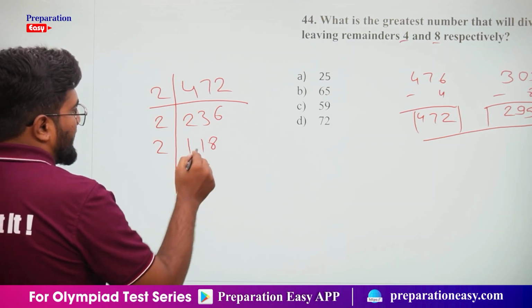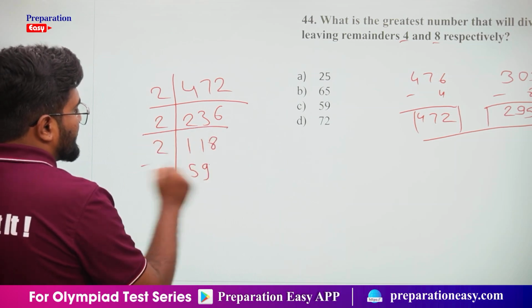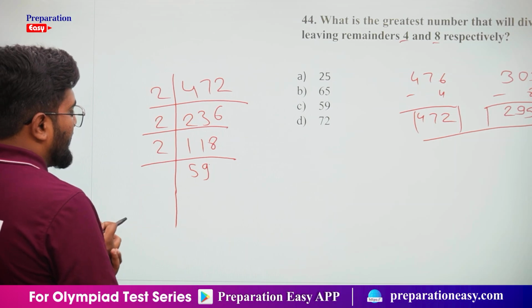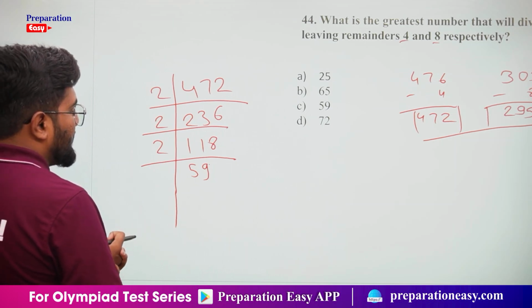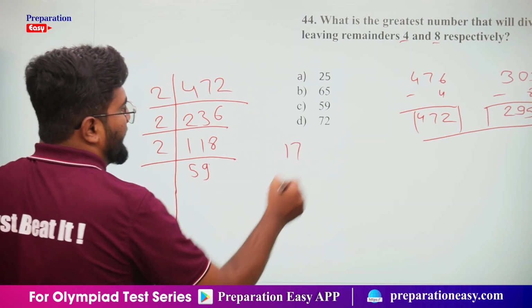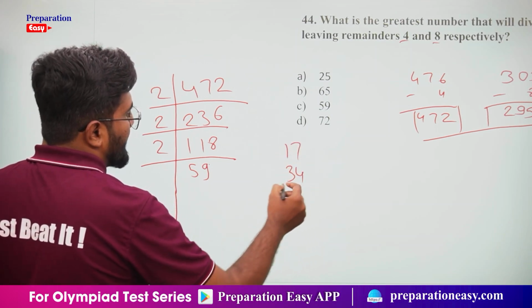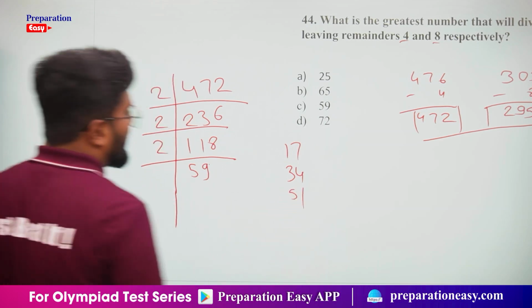Then next, is it divisible by 13? 13 5s are 65, not divisible. 17, 17 1s are 17, 17 2s are 34, 17 3s are 51, again not possible.